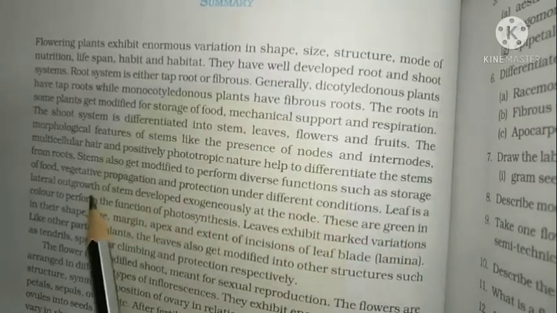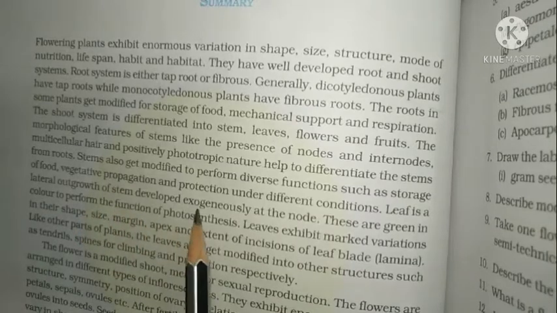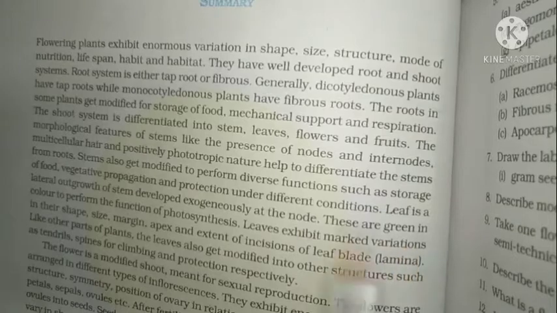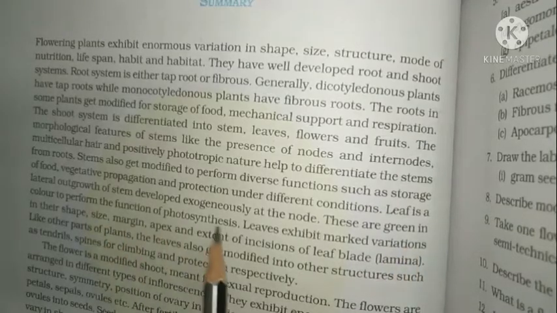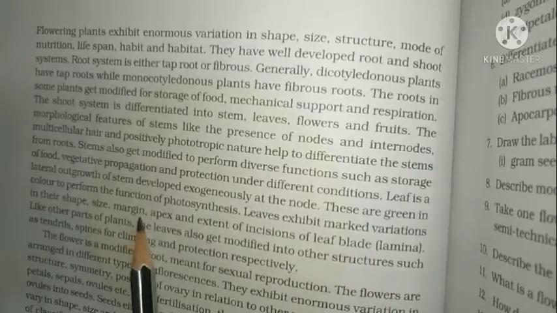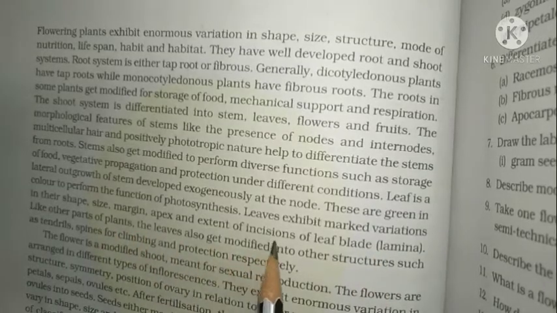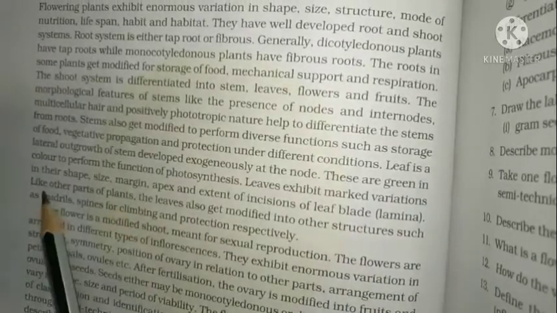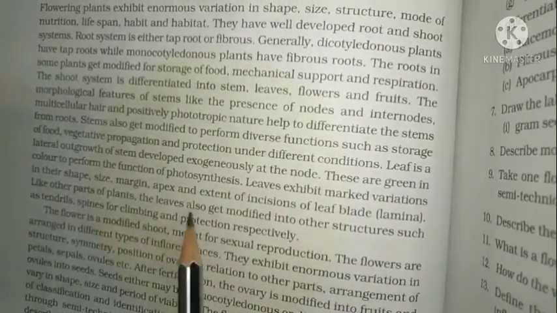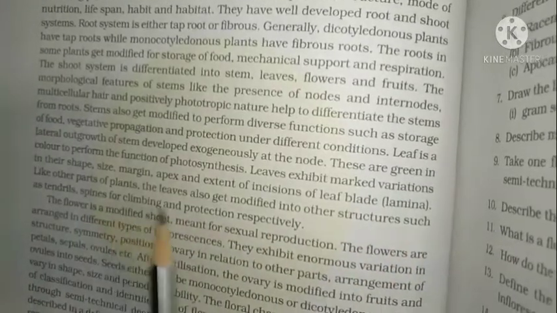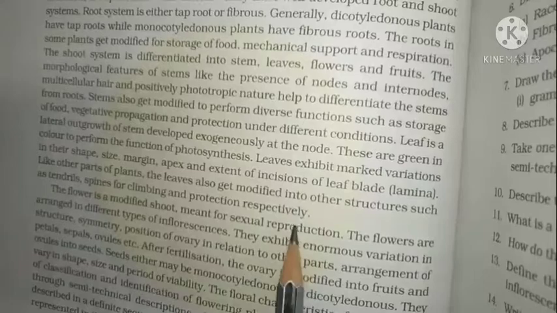Leaf is a lateral outgrowth of a stem, developed exogenously at a node. They are green in color and perform the function of photosynthesis. Leaves exhibit marked variation in shape, size, margin, apex, and extent of incisions of the leaf blade, that is called lamina. Like other parts of a plant, leaves also get modified into other structures such as tendrils and spines for climbing and protection respectively.